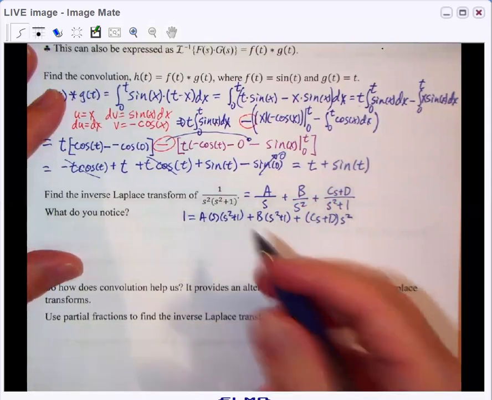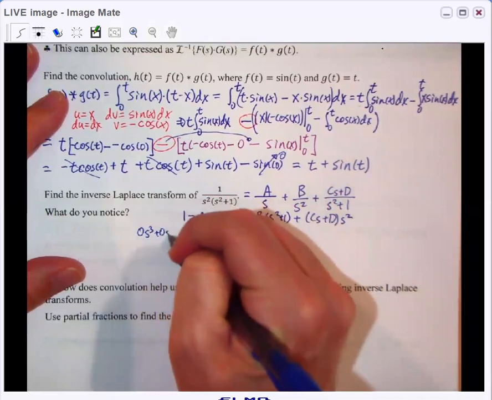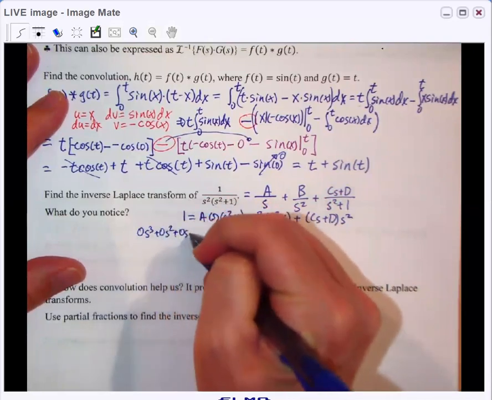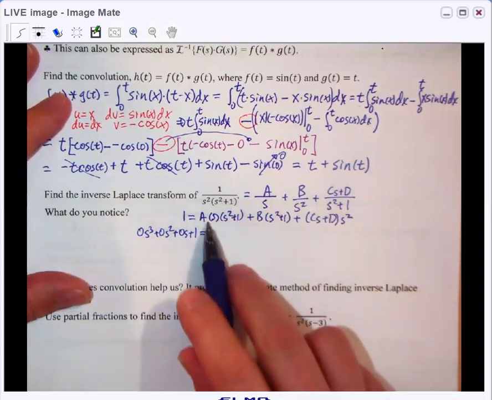Okay, and I'm going to rewrite this as 0s cubed plus 0s squared plus 0s plus 1. Oops, I gave myself a little too much space there. Equals, and then let's write this out.